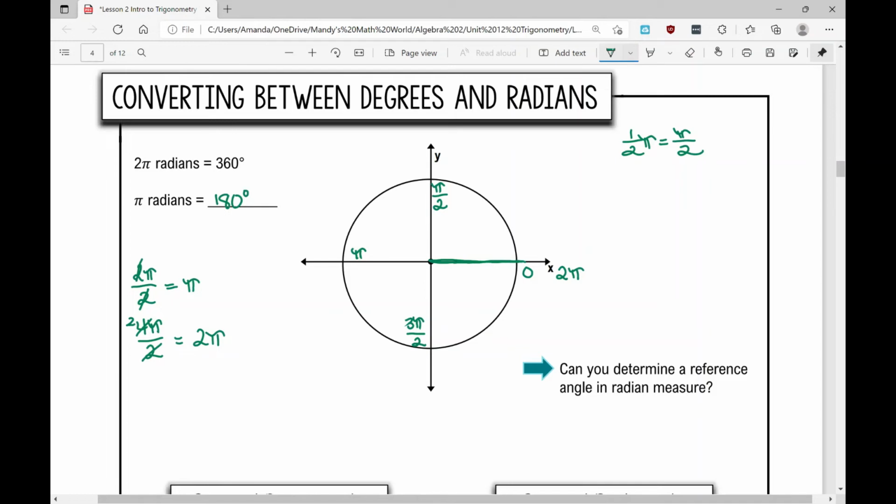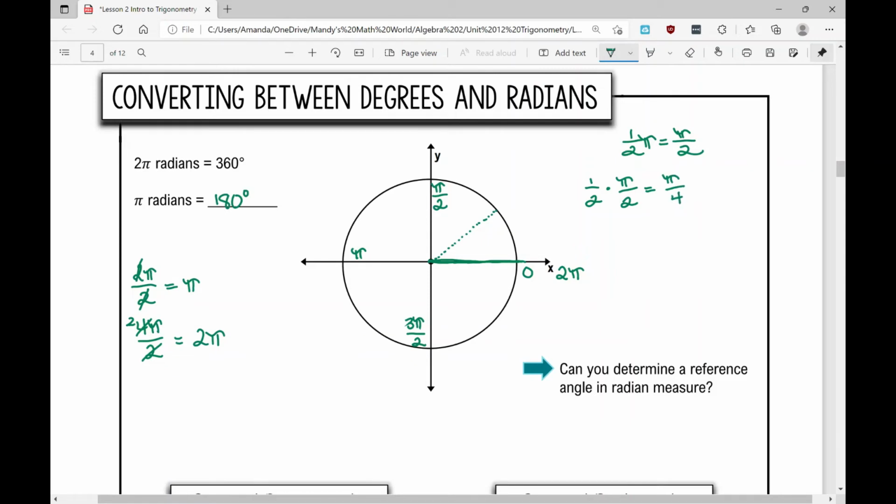So now let's look at what if I were to bisect this angle measure right here? I'm bisecting pi over 2. I'm going to split it in half. Well, let's think about that. If I take 1/2 of pi over 2, I multiply, and I'm at pi over 4.